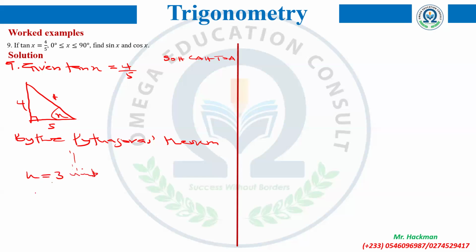At this point, I think I use capital H. You can equally use that. So I can write therefore, sine x will be equal to opposite over hypotenuse. So what is your opposite? 4, over the hypotenuse, which is 3.